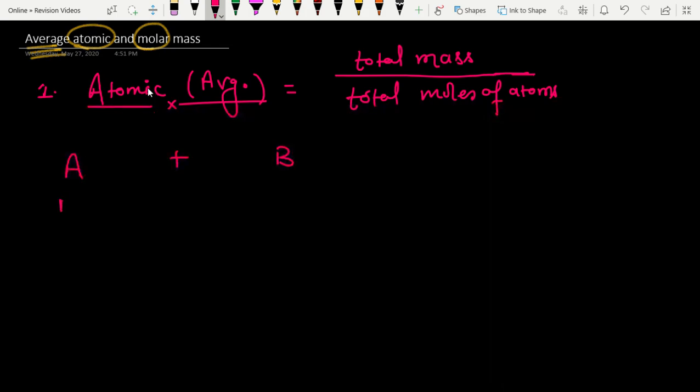The total number of moles of atom A is N1 and the total number of moles of atom B is N2, and you are asked what the average molar mass of this sample will be. First we must know the molar mass of the first atom, A. Let's say the molar mass of the first atom is M1 and the molar mass of the second atom is M2.